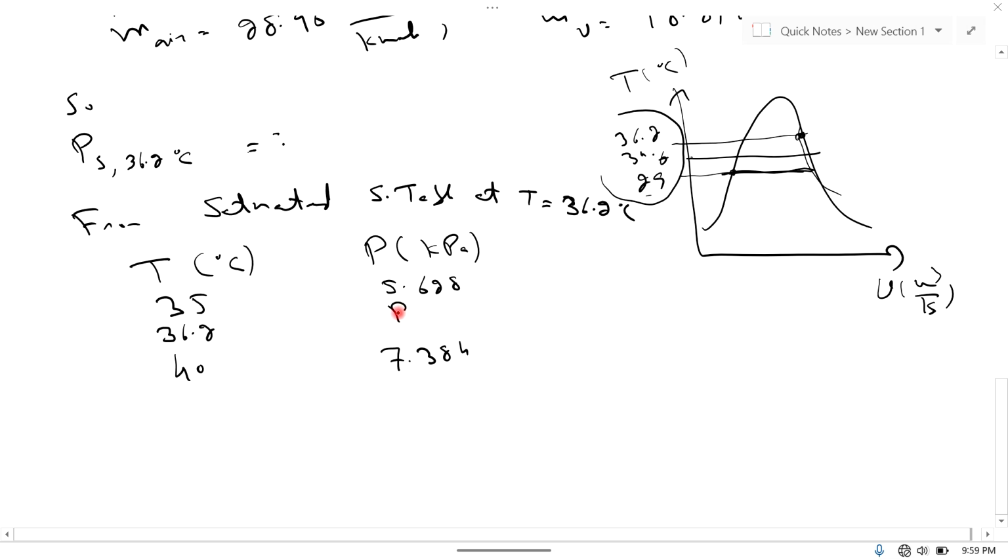We have to find the pressure of saturated vapor, PV at 36.2.